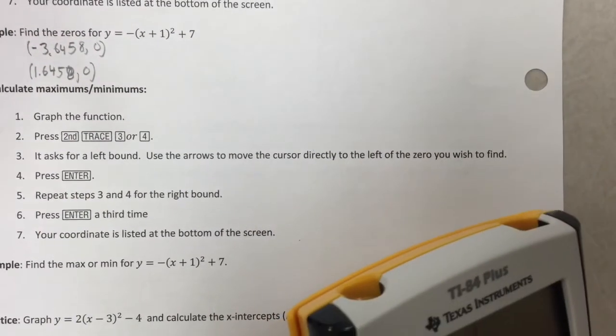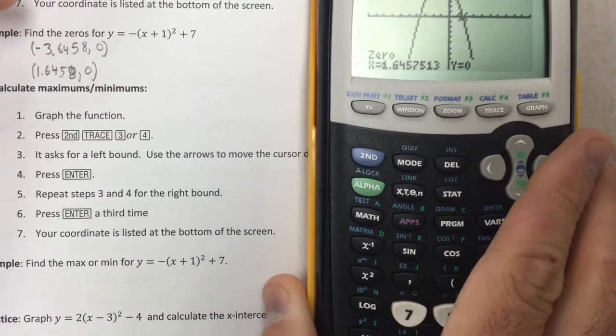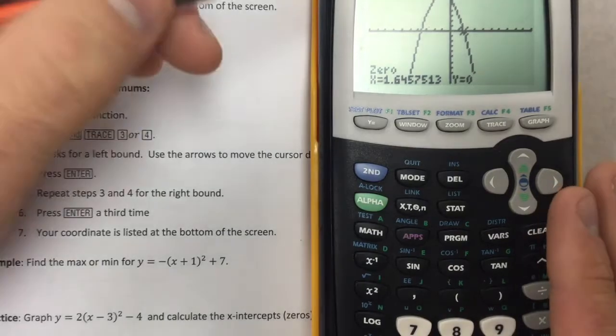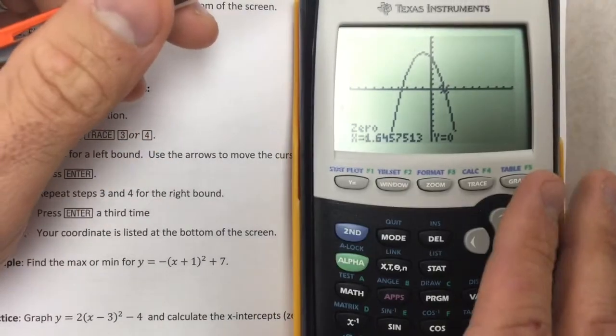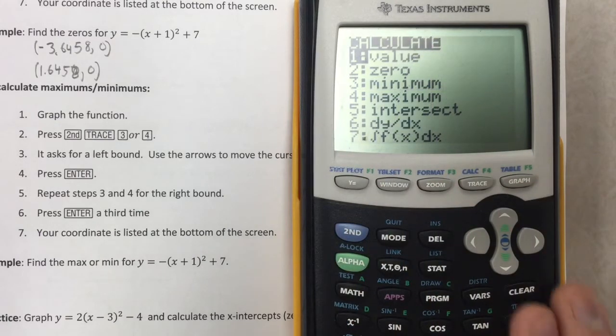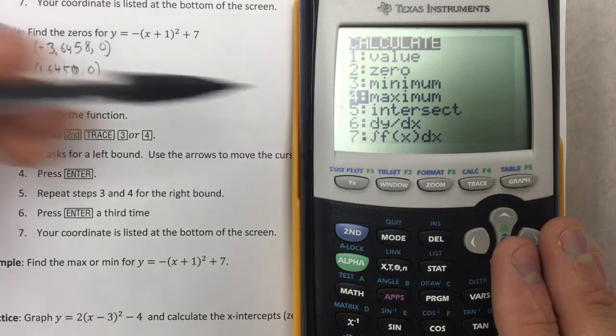You can also do mins and maxes. Okay, so it's the same equation here. To find my, in this case, it would be a max. Oops. I'm going to, again, use the calc, second calc. But now look, there's minimum and here's maximum. Well, since we have a maximum on this one, the minimum's not going to work.